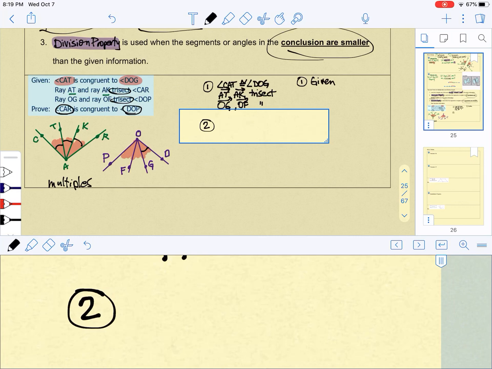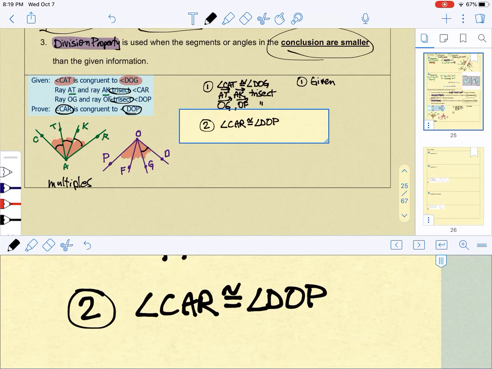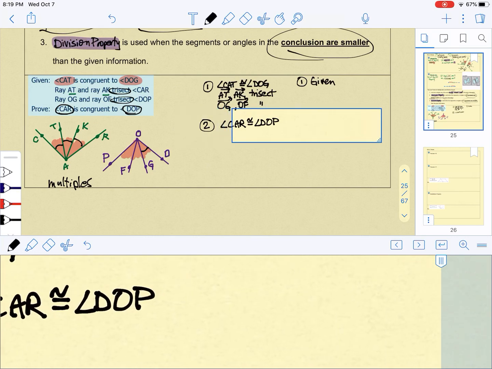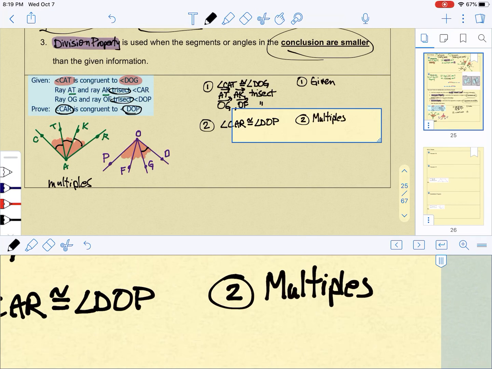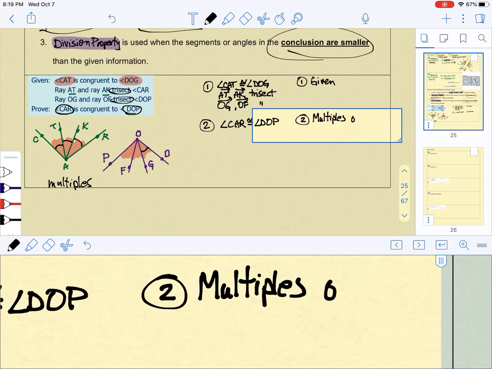Therefore, if I think about this as multiples, angle CAR now, I can jump straight there, is congruent to angle DOP. And the reason there is because in this case, we're going larger. So that's why we say the multiples of, in this case, we worked with angles property.